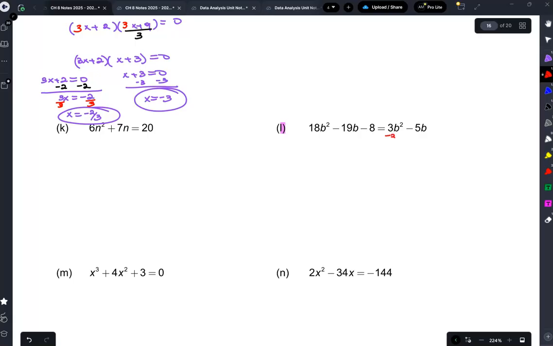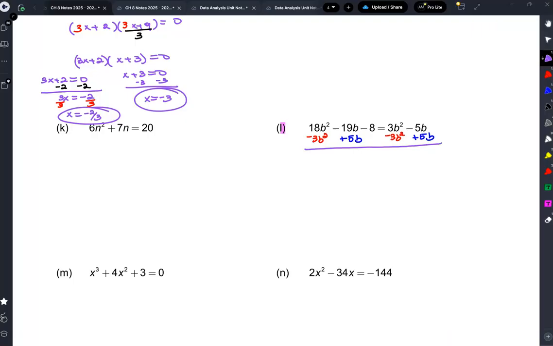So first I'm going to do minus 3b squared. And also what else? Plus 5b. Everything moves here. So look at what I have. 15b squared minus 14b minus 8 is equal to 0. Okay, and then we factor this.